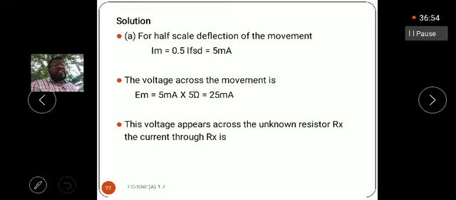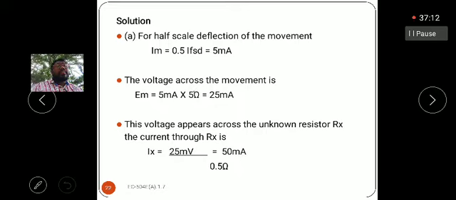This voltage appears across the unknown resistance Rx. The current through Rx is Ix is equal to 25 millivolts divided by 0.5. Then we get the current passing through Rx is equal to 50 milliamps.